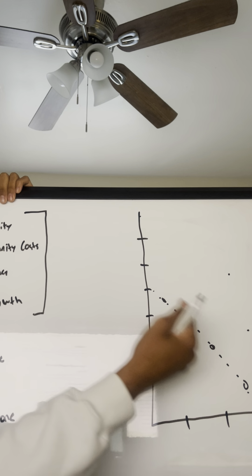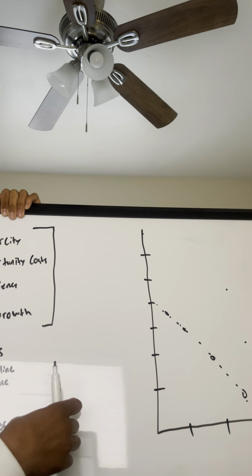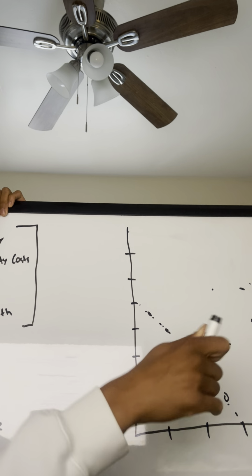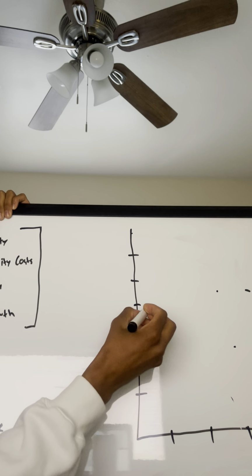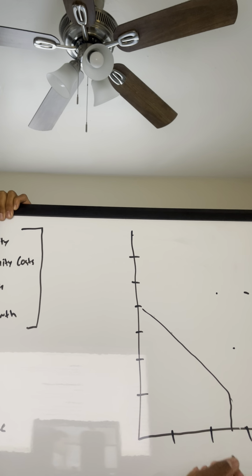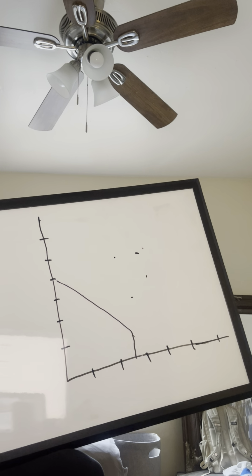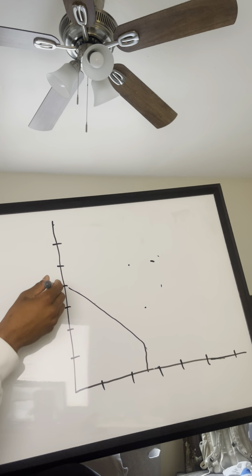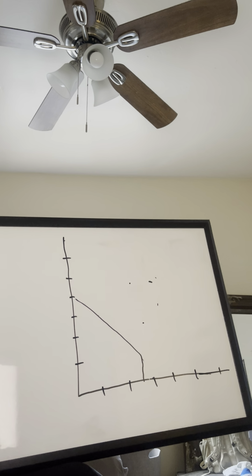No matter which way we lean, it's not like there's a clear disadvantage. Versus a concave shape, where instead of the line looking like that, it looks more like this or something like that, meaning that there's an uneven distribution of resources, right?